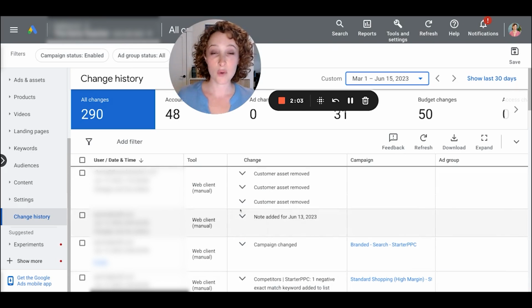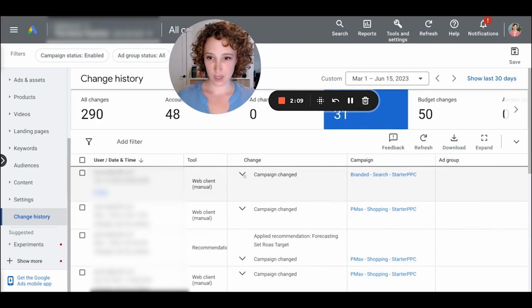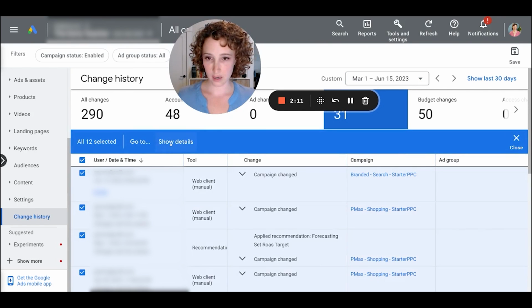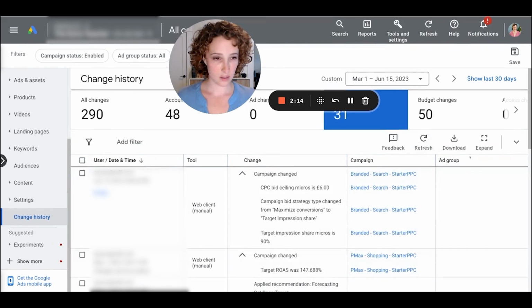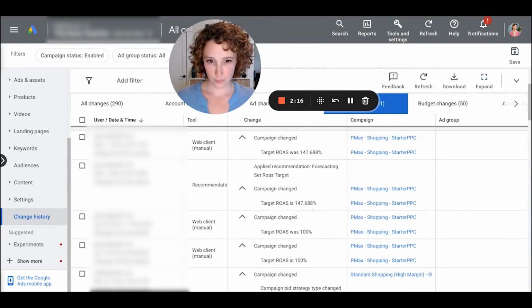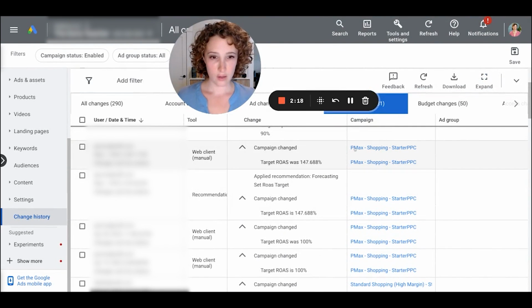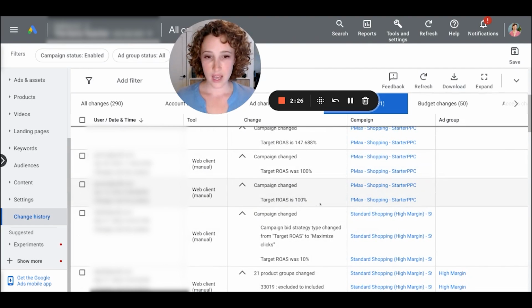Now, does it always work out that way? Let's take a look. So I'm just gonna find an example here. Okay, here we go. So this is one of our Performance Max campaigns. Performance Max shopping only.